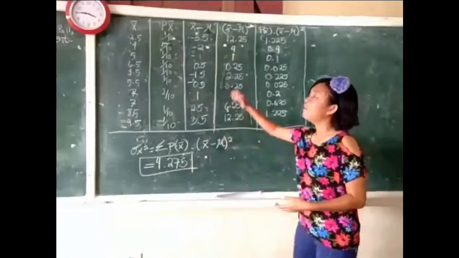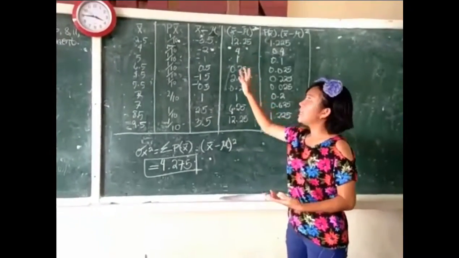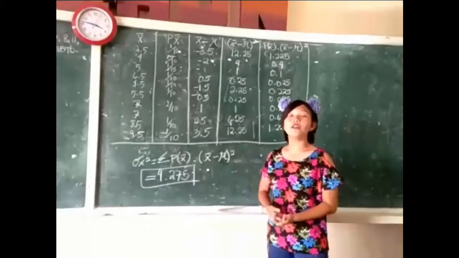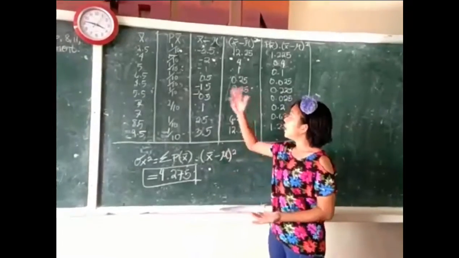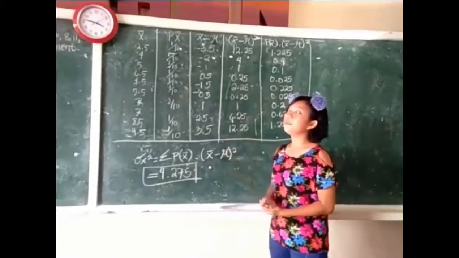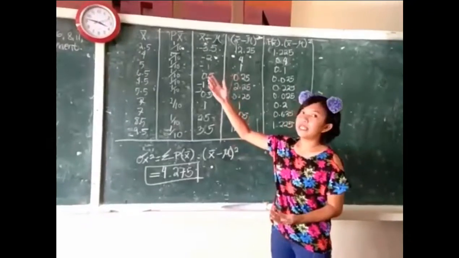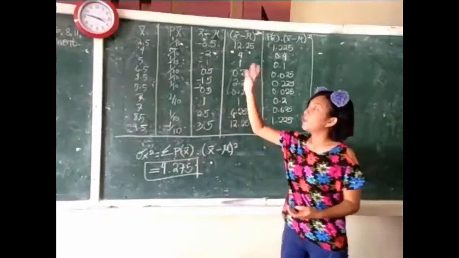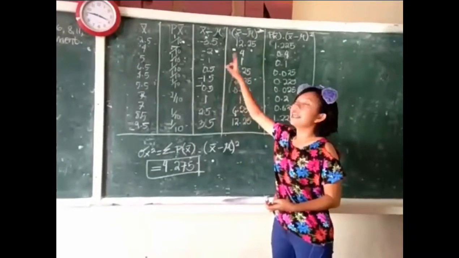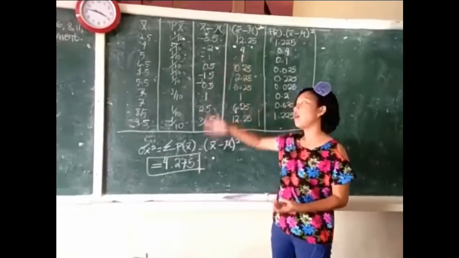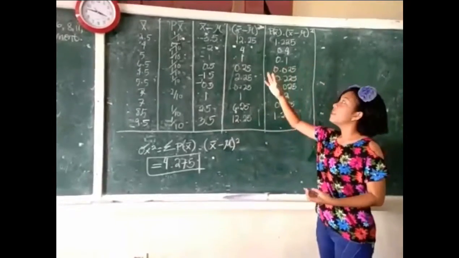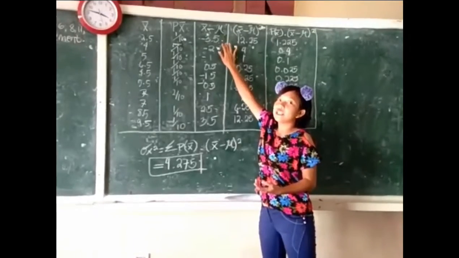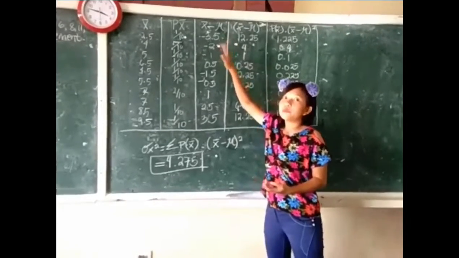In finding your x bar minus mu, we know that our mu is equal to 6. It is simply subtracting mu from your x bar. So 2.5 minus 6 is negative 3.5, and so on and so forth. Finding your x bar minus mu squared is simply finding the square of your x bar minus mu.